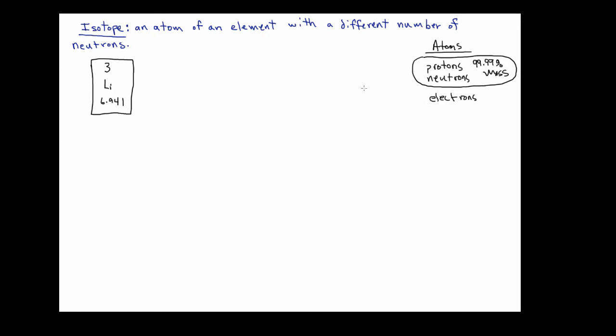Now, this is 2014, and most of you are going to be sitting there going, okay, well, we know that those particular subatomic particles can also be broken down into smaller particles. And yes, that's true. However, in most basic chemistry classes, we're not going to be concerned with subatomic particles that are smaller than protons, neutrons, or electrons, because the chemistry that we're studying is what we would call macroscopic.